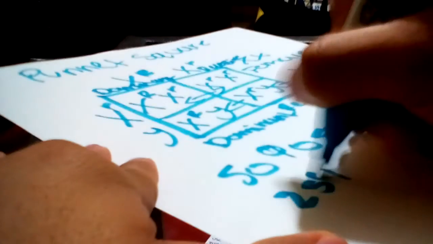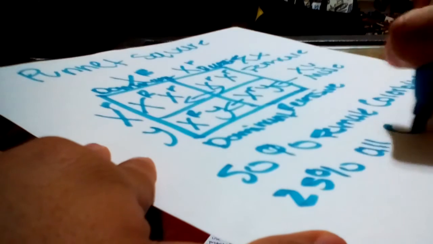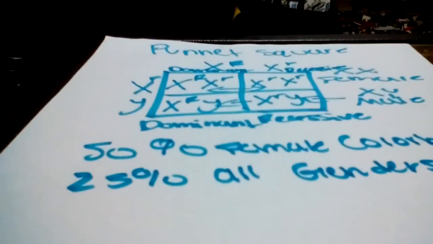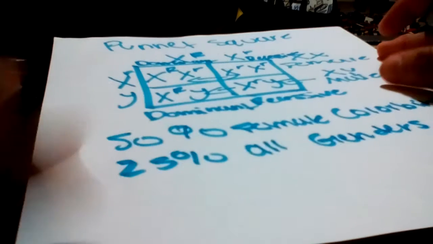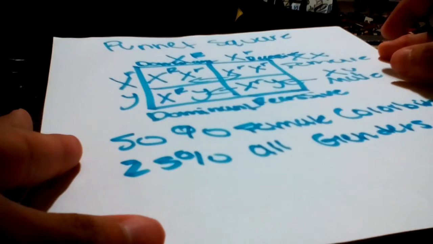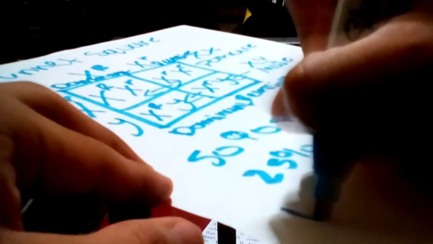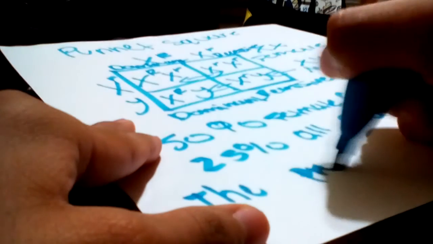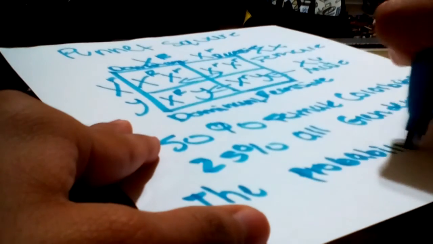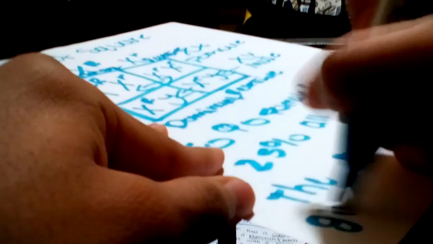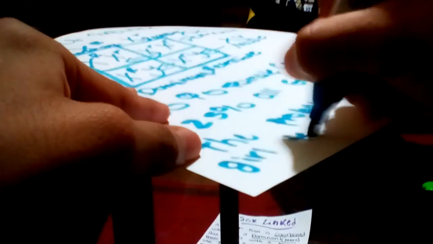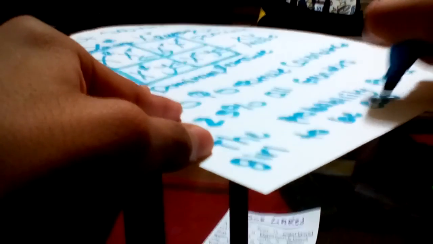And then it'll be 25% for all genders. We're talking specifically about all genders. So if we complete the sentence, the probability for a girl to be colorblind is 25%.